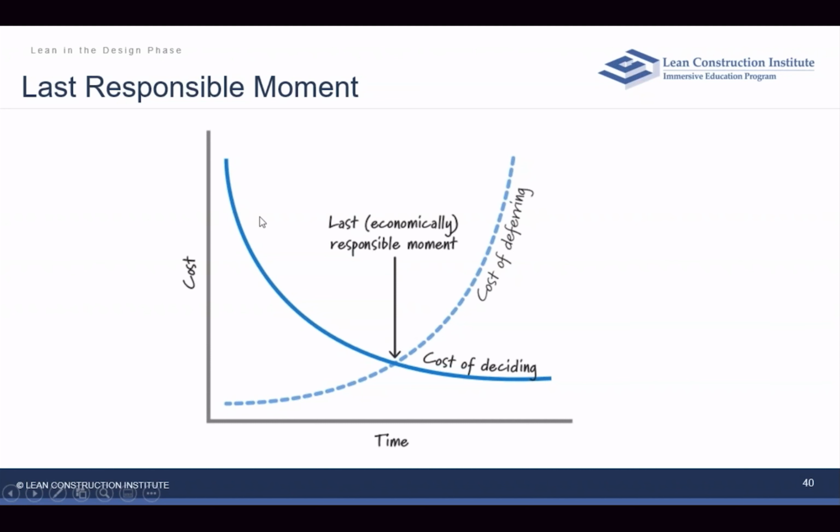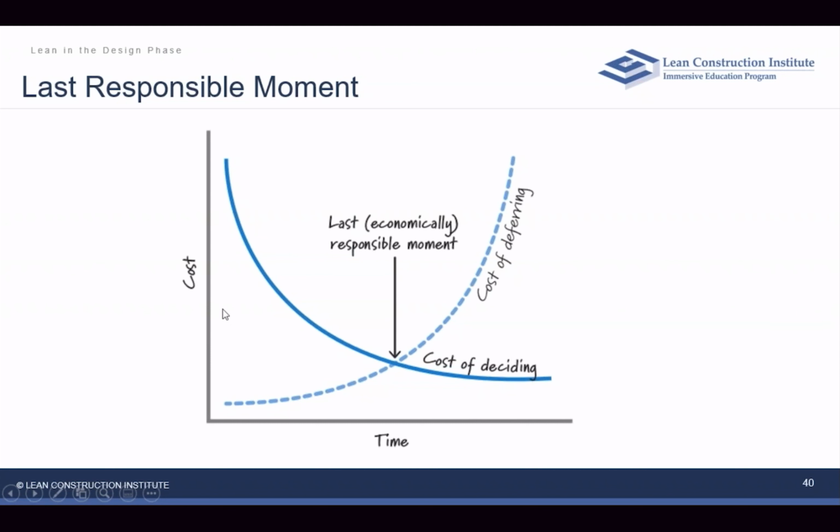And then there's also the cost of deciding. So this goes back to that original curve when we were first early on looking. It was a black slide, and it showed that the ability to make changes kind of decreases over time. And so the cost, that's backwards. The cost of deciding.